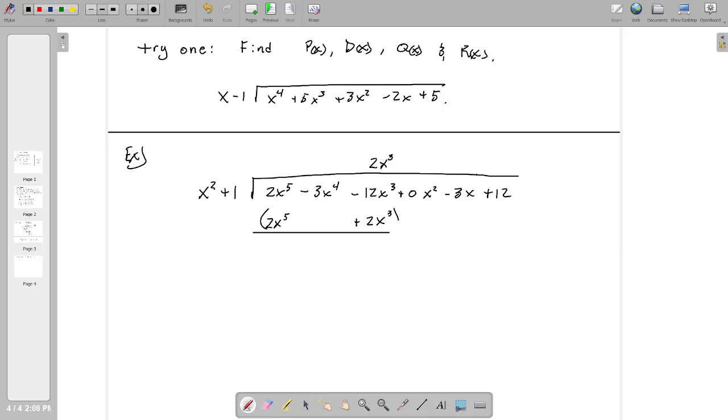And then we subtract. We have 2x to the fifth minus 2x to the fifth gives us a 0. Then we'll have a negative 3x to the fourth minus 0, so this will carry down. And then negative 12x cubed minus a 2x cubed, that'll be negative 14x cubed.